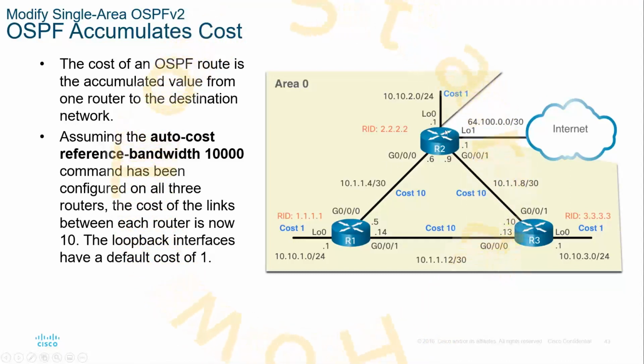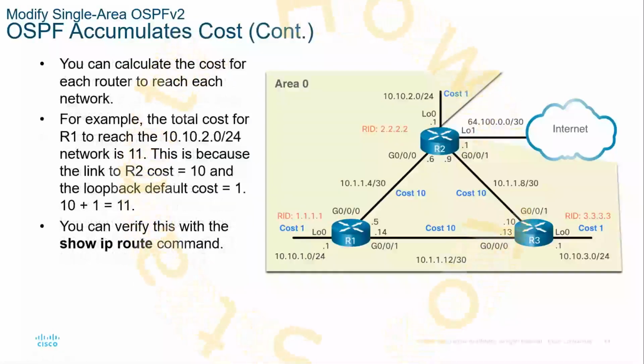The lower the cost, the better. So this would be the preferred path for this connection. This would not. However, if these were 10 gig links and this was just a gig link, then the preferred path would actually be R1 to R3, R3 to R2, R2 to the internet.